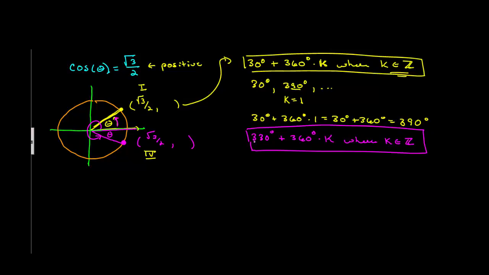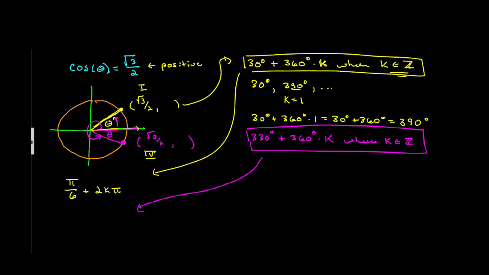If you want to write those in terms of radians, the first one, 30 degrees again is pi over 6 plus 2k pi. That gives us our first set of answers, and the second set of answers would be 330 degrees.